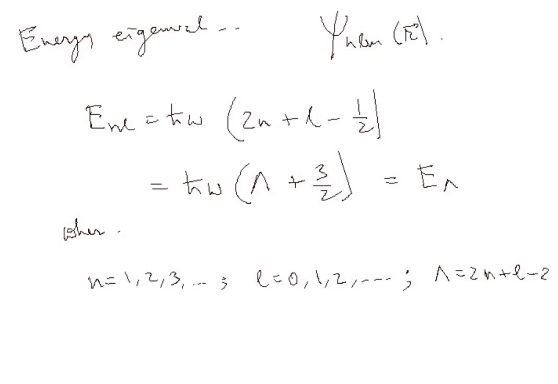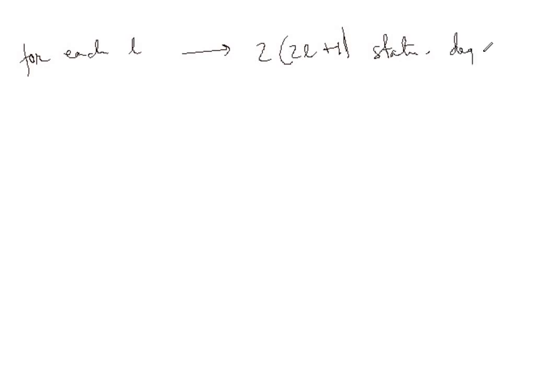Now you see, for each value of l, there are twice 2l plus 1 states with the same energy, or basically they are degenerate states. The factor 2 is due to spin states.